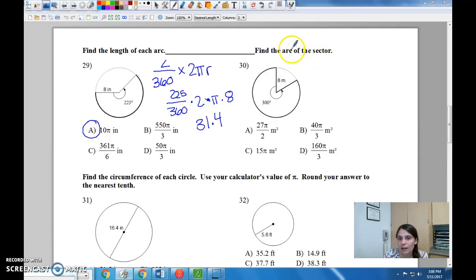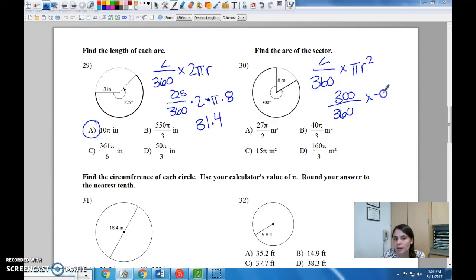And then the area of a sector, we still do our angle divided by 360, but then since we're finding area, we multiply that by the area of the circle. So in this case, I have 300 divided by 360 times pi times the radius squared. If I put that in a calculator, I have 300 divided by 360 times pi times 64, which is about 167.5.